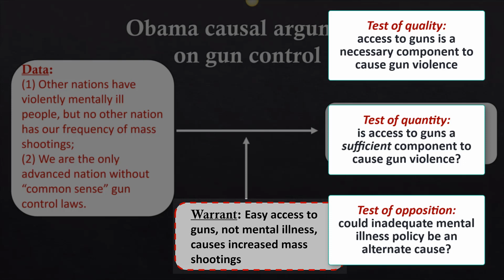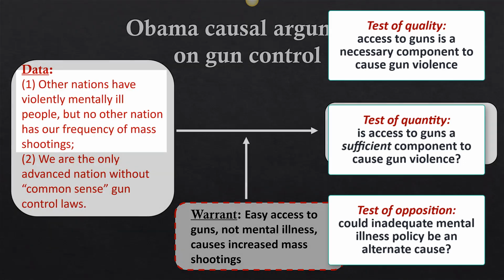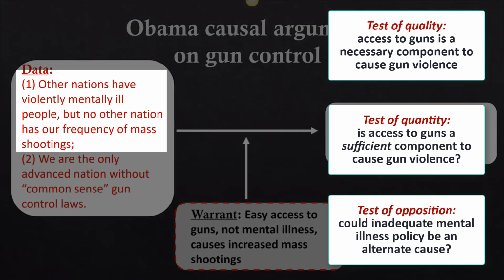Notice what Obama puts in his first data point. Other nations have violently mentally ill people, but no other nation has our frequency of mass shootings. Now, Obama is holding that that's because we provide easy access to people that shouldn't have guns because they're mentally ill.